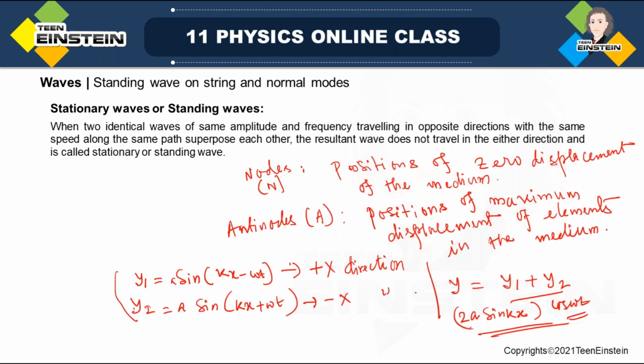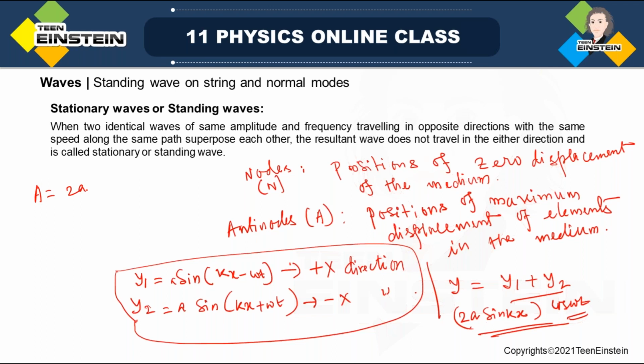With this expression of the traveling wave, which is equivalent to the other one we did in the previous class, when you have your amplitude 2a sin kx, the positions of the nodes will be given by n lambda by 2. How? The amplitude has to be 0, so sin kx is 0 means kx has to be n pi.